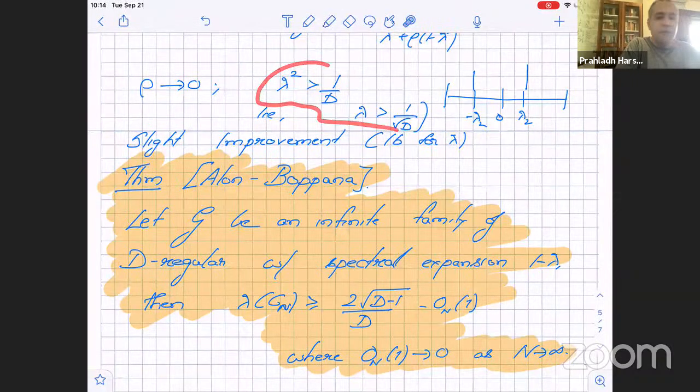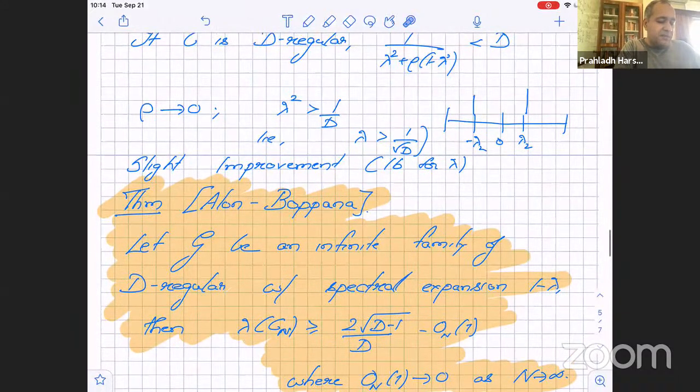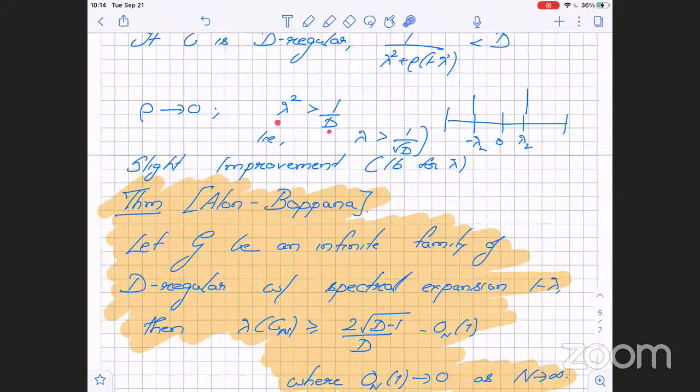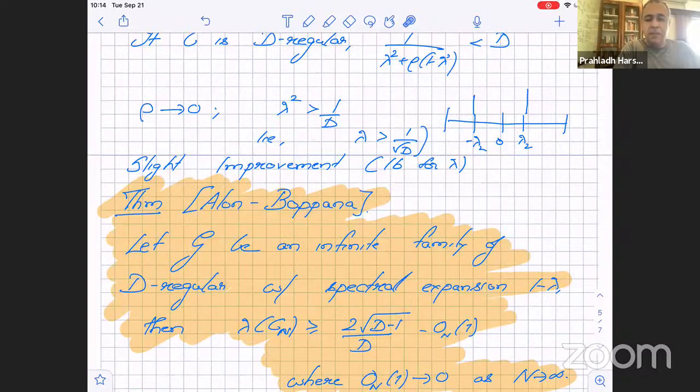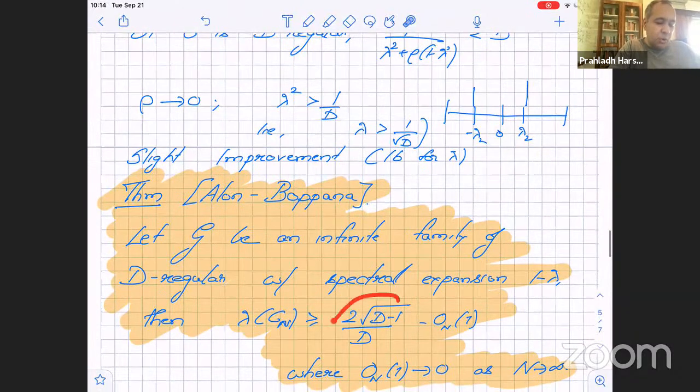We saw that if you give me an expanding graph, then in particular lambda square has to be larger than 1 over D, so lambda is greater than 1 over square root D. Alon-Bopanna said that you can actually get an improvement of this. If you give me a graph which is an expander, you can put a better bound than 1 over square root D. You can put a bound of roughly 2 over square root D. It's a better lower bound.